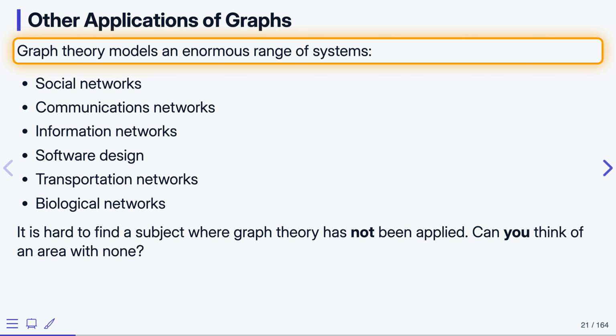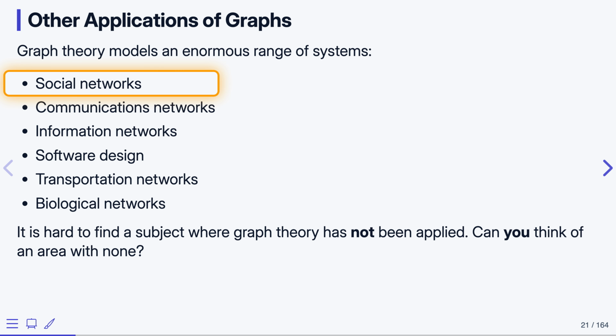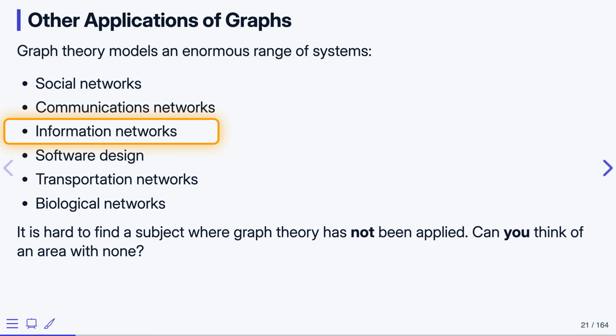Graphs appear almost everywhere. Look at how many different systems they model. Social networks, where the dots are people. Communication networks, where the dots are machines. Information networks, like the pages of the web. Software design, where the dots are parts of a program.